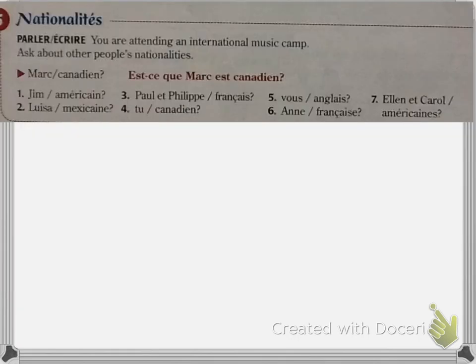So let's take a look at exercise 5, nationalité. You are attending an international music camp. Ask about other people's nationalities. So this really is sort of a two-part exercise. First off, you're going to make these all into questions, so you're always going to add est-ce que at the beginning.